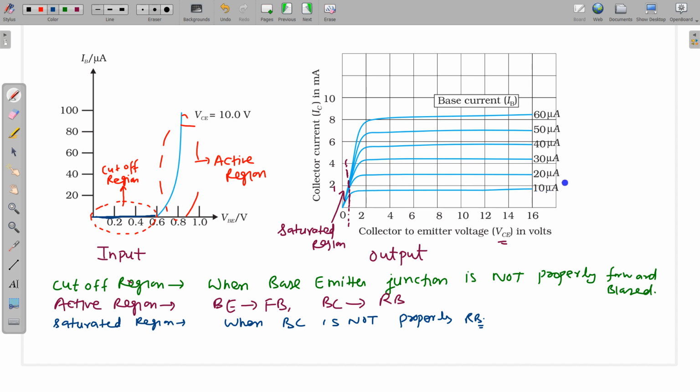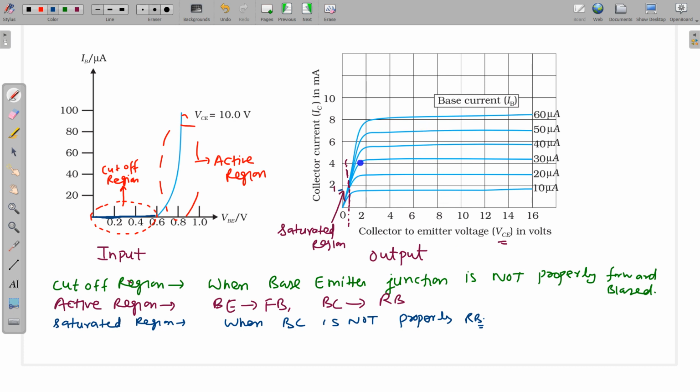If IB is equal to 10 microampere, and we increase IB, then obviously the effect will be on IC also. IC will also increase. If we increase it again, IC will also increase. So if we increase IB, IC correspondingly increases.